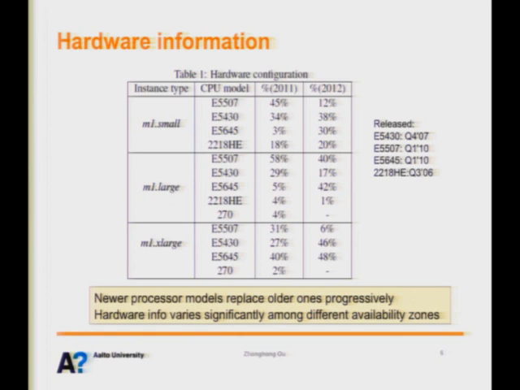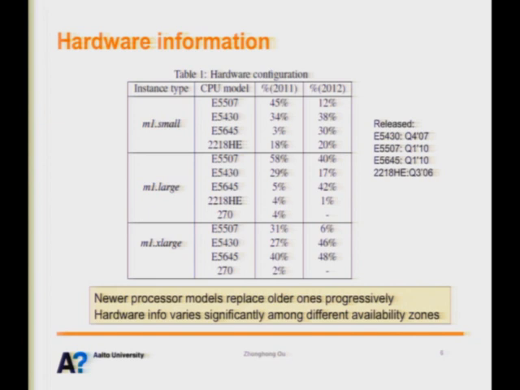Some of the processor models which we found last year don't exist anymore, or we couldn't get these instance types anymore this year, like this AMD 270, and also some of the 2218 is shrinking and decreasing in terms of number. So this reveals the trend of hardware replacement and upgrading.